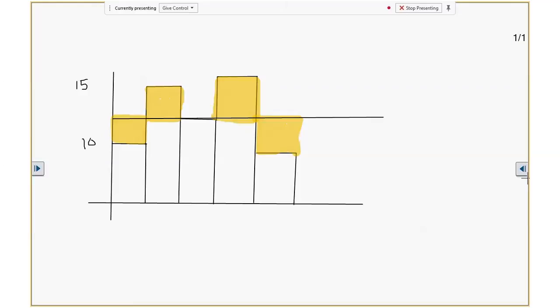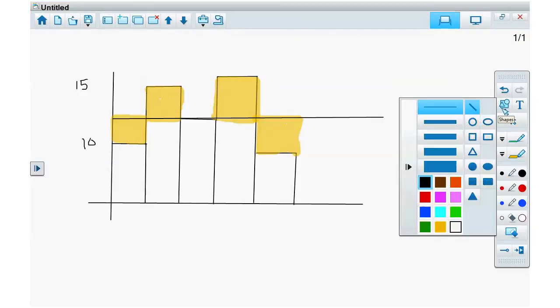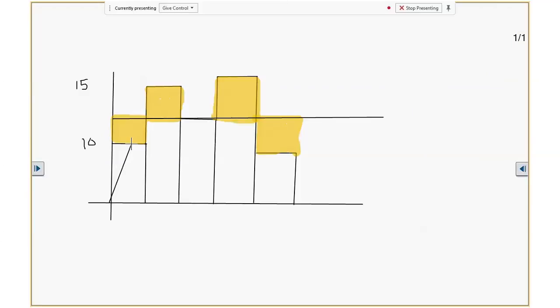This right here, I'm trying, people, I'm trying. This right here is called variation, right? Everybody understand that? That's variation. The data goes up, then it goes what? Down, then it goes up, then it goes down.